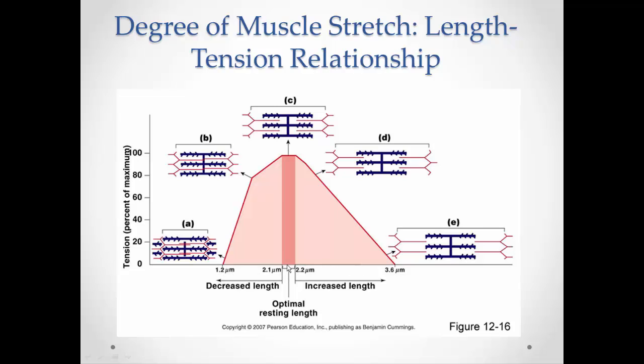I need an optimal length, kind of the middle length. That is, at this middle length, I've got maximum overlap of myosin heads with the actin filaments. Okay? And that way I can form tons of cross bridges. If I can get lots and lots of cross bridges, I can have maximum contraction.